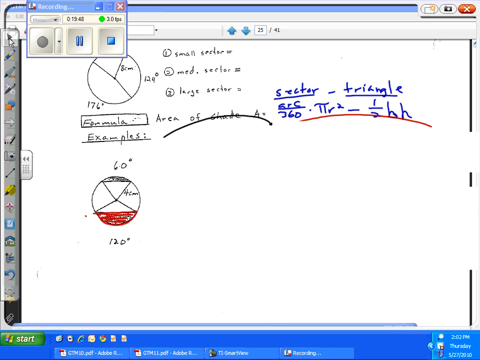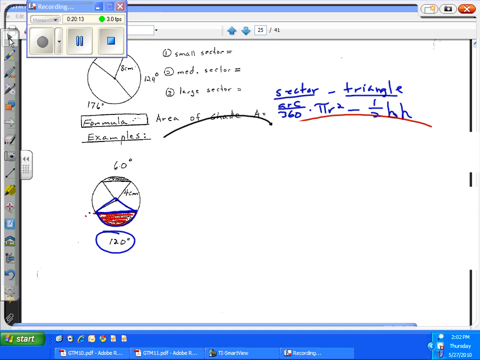So we would take the area of the entire sector minus the area of the triangle underneath the sector, or underneath the arc, the shaded region, excuse me.